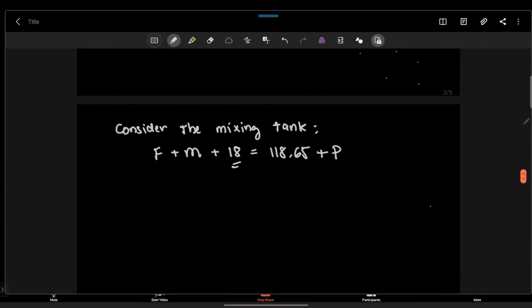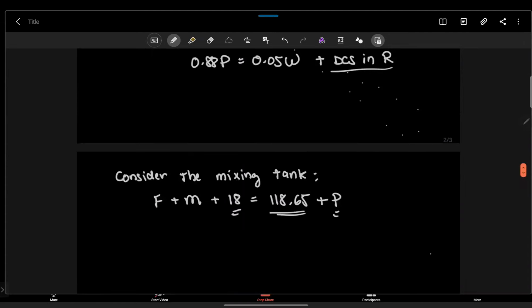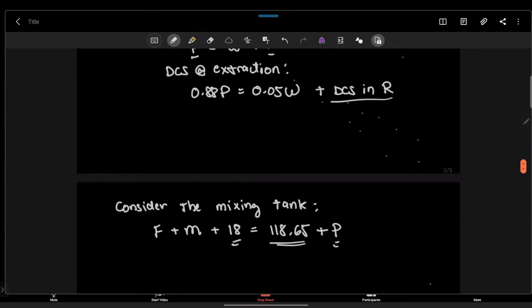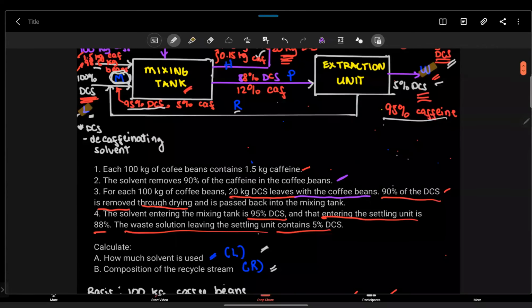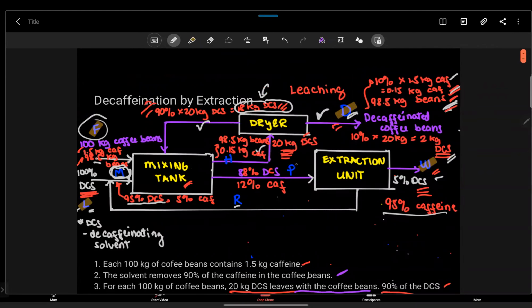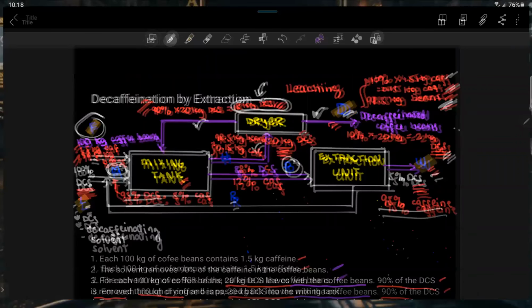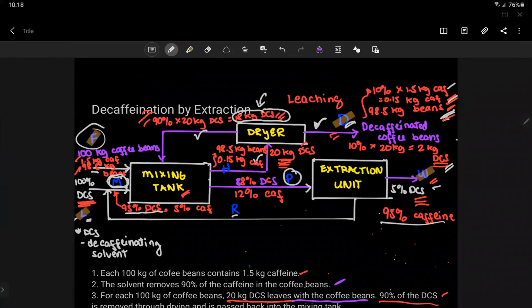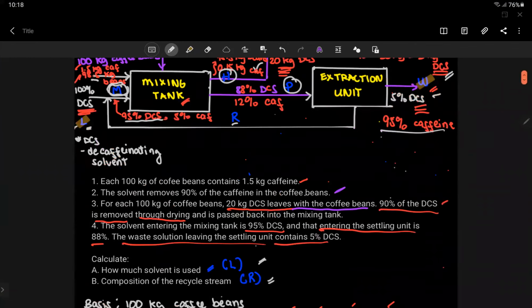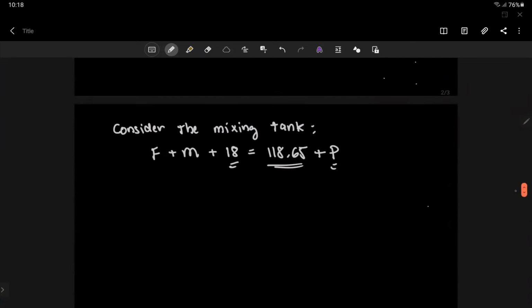Ano naman yung lumalabas? P tsaka 118.65. So let's prove that. Lumalabas ay P, which is this one. And yung 118.65, which is yung H natin. Okay? So that will be our mixing tank balance.